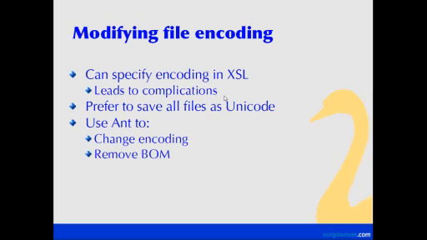So we have to modify the file encoding so it can be used. Those files can be used by the Microsoft HTML Help compiler. Now, one way we could do that, when we use XSL to generate files, we can specify the file encoding. But my experience has been that when files get moved, when they get touched in other ways by ANT, sometimes something will come in and say, oh, you don't want that encoding, this encoding, typically Unicode.